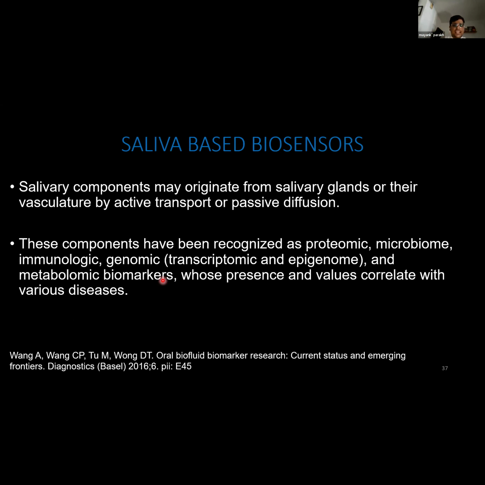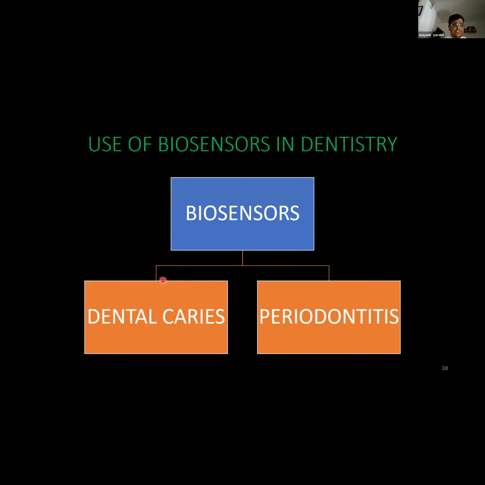So these sensors can be used to determine various immunologic, genomic, and microbiome features of the patient, and then we can associate them with a particular disease, or say a particular bacteria is increased in diabetes patients, or in the aggressive forms of periodontitis, something like that. These can easily be analyzed in salivary-based biosensors.